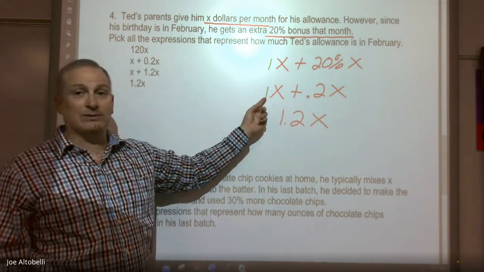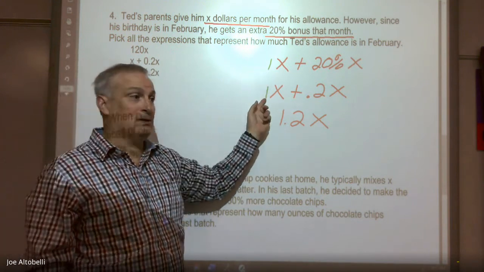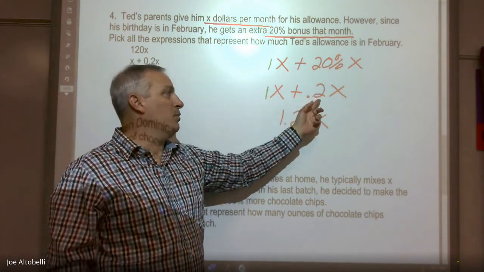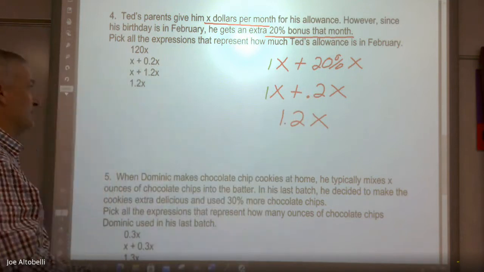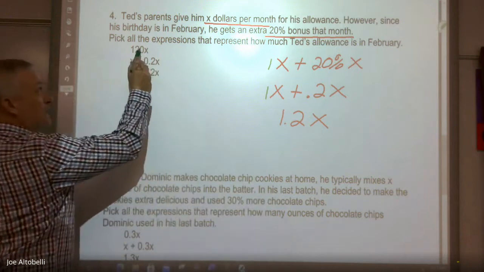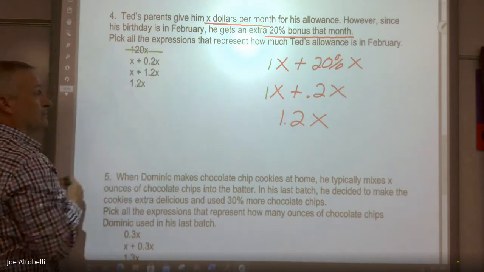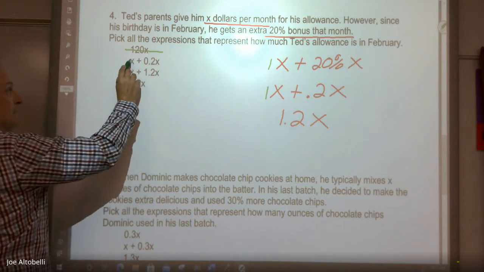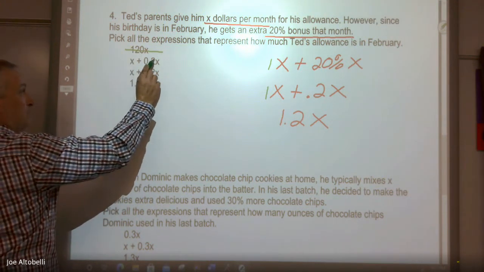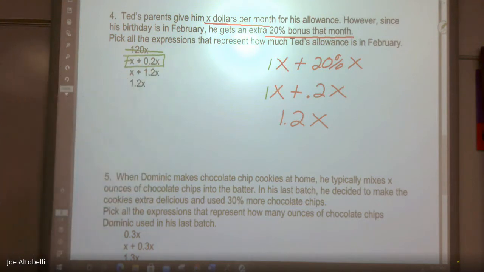Remember, X is the same as 1X. Okay, X is the same as 1X. So 1X plus 0.2X gives me 1.2X. So now I look over here. If this was a percent, then it would be okay, but it's not. So that's not right. His allowance plus 20% is correct. I almost drew a line through it, sorry. Okay.